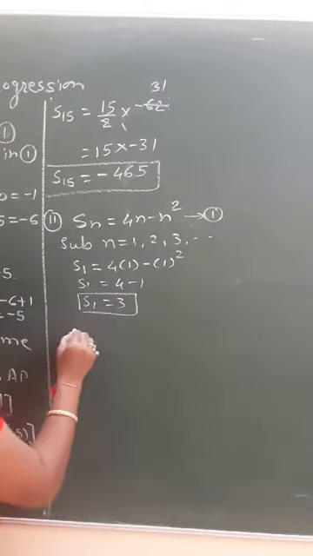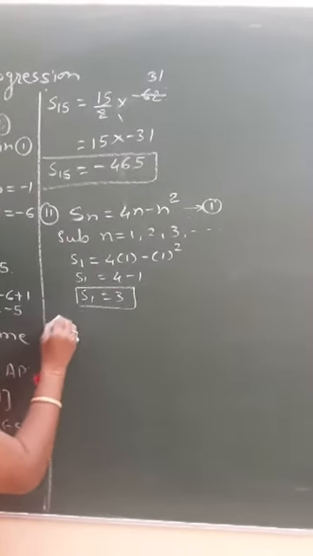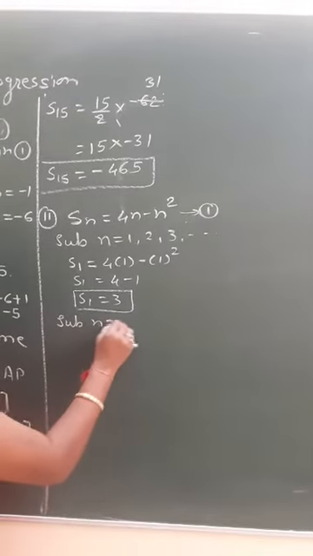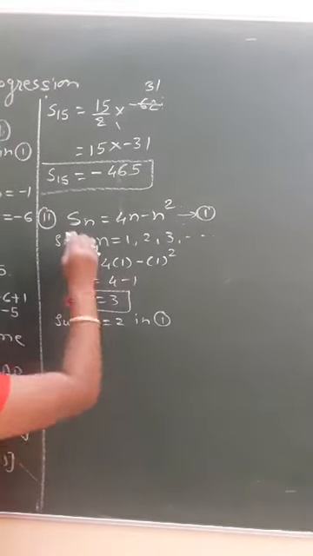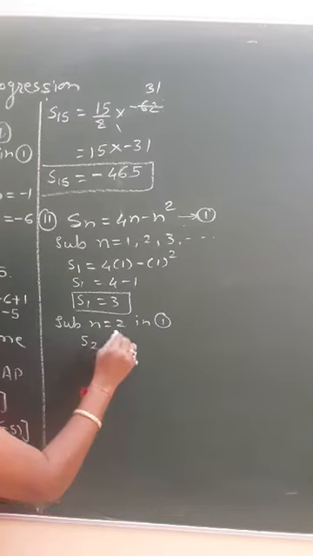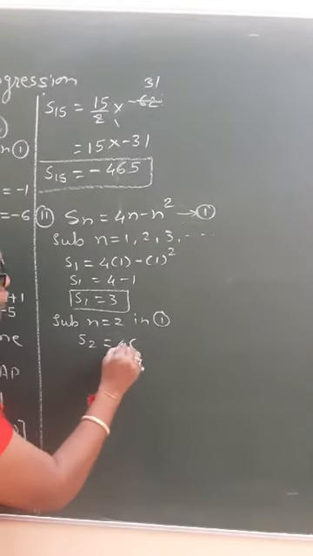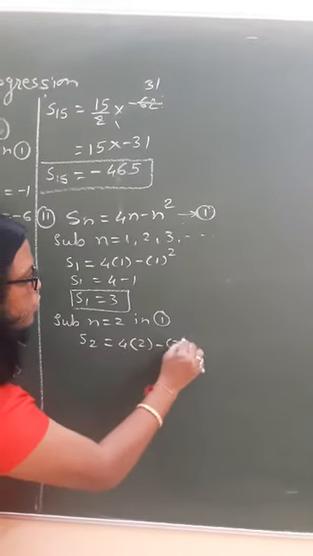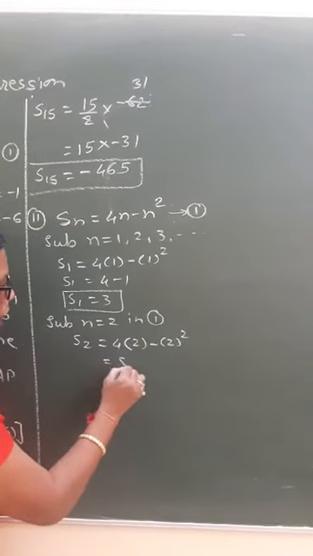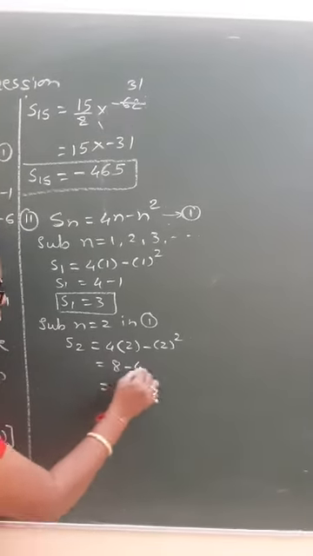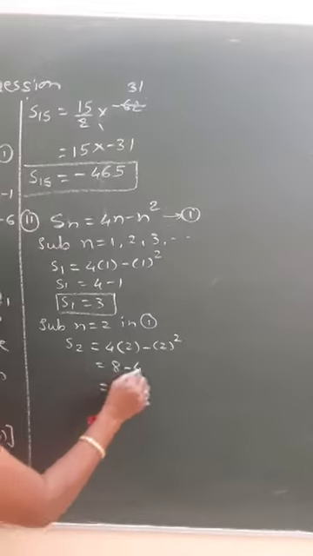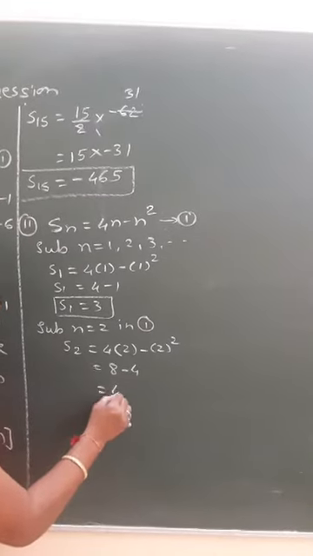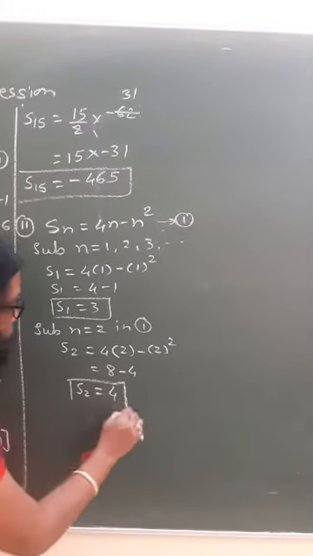Next, when we substitute n is equal to 2 in the equation 1, we will get S2 which is equal to 4 into 2 minus 2 square. 4 2s are 8 minus 4, I will get 4. This is S2, right?